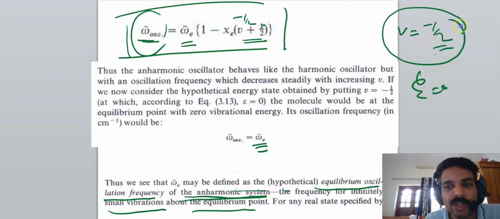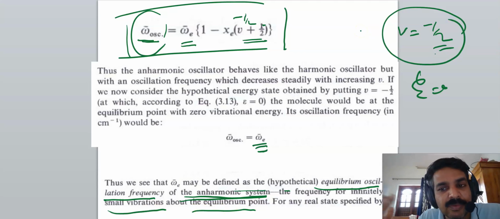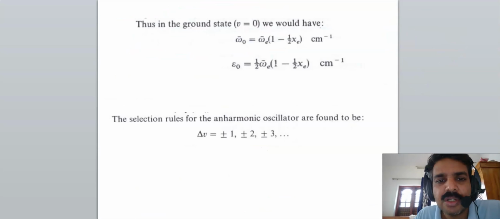Suppose this is the equilibrium point, there is a very small vibration at that point, the energy will be 0, and that equilibrium vibration frequency is called omega bar e. That's a definition that is not that important, we can leave that.